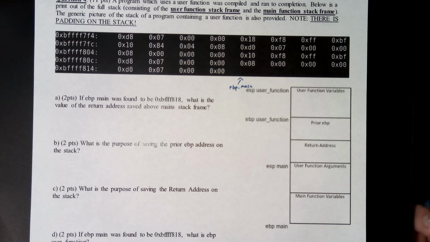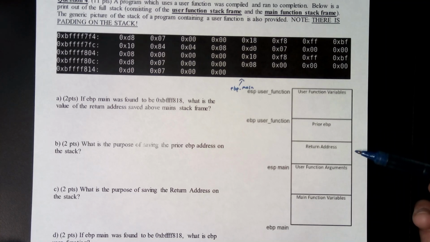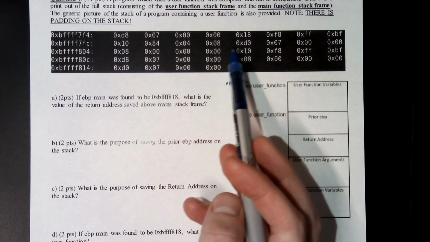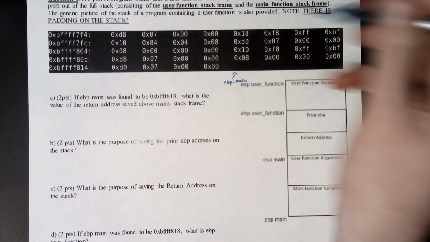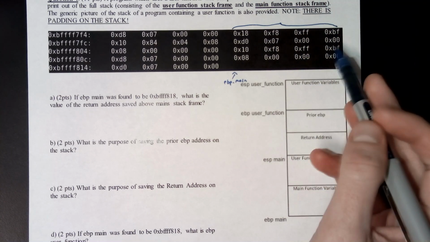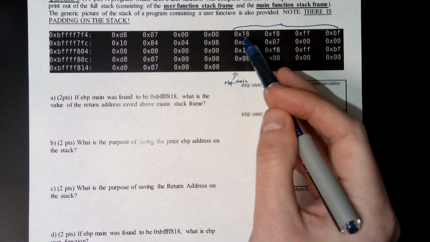So how do we find the return address value if we only know what EBP main is? We want to look for what prior EBP is, and then we know that the set of 4 bytes below that is the return address. Let's look through here and see, do we find something that looks like BFFFF818? That's right here. Keep in mind that this is in little endian order, so BF, FF, F818 is what we're reading.